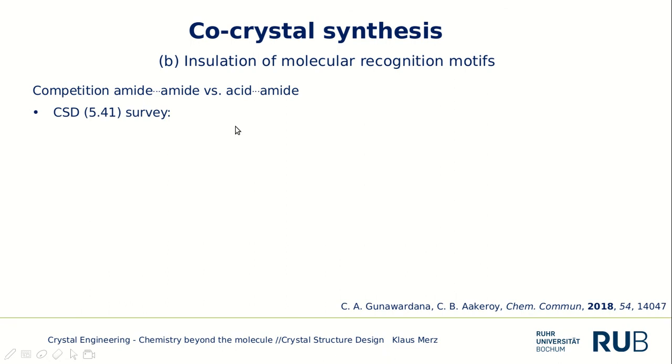And you look, for example, at the crystal structure database. It's now in version 5.41, the version of 2020. You will find around 130 entries with interaction of amide, isonicotinamide. So mostly this type of interaction is preferred.